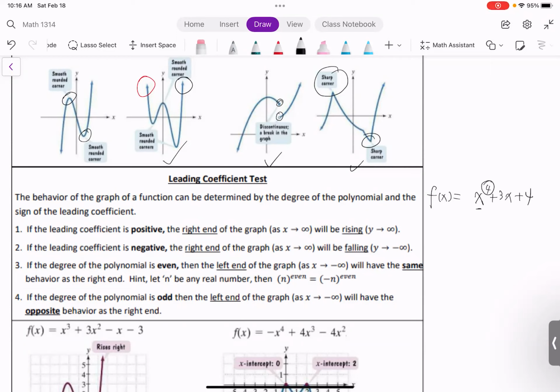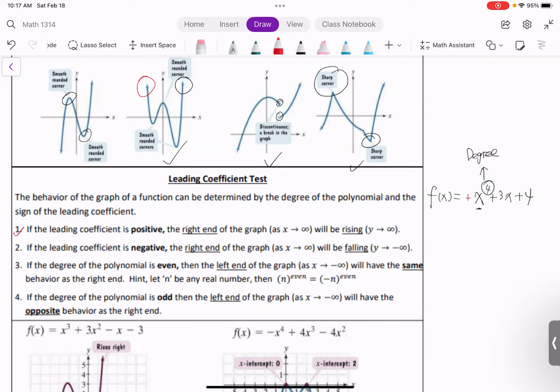The leading term is x to the fourth. The x power is 4, so the degree is 4. And the behavior also depends on whether the leading term is positive or negative. Here it is positive, and we will use this information to decide the behavior.